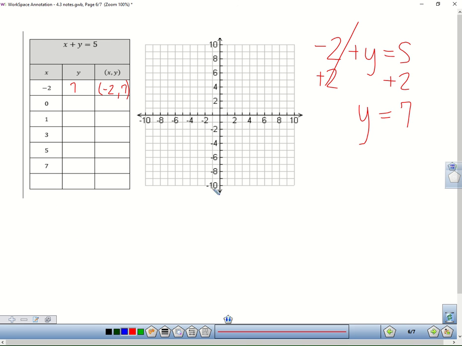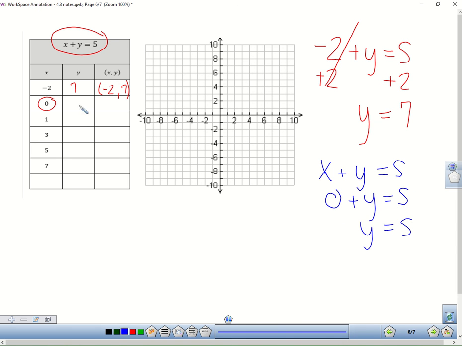You guys want to see another one? So I take this equation, and I'm going to plug in the x value that they give me. So that's going to be x plus y is equal to 5. I'm going to plug in 0 for x. So 0 plus y is equal to 5. What's 0 plus y?